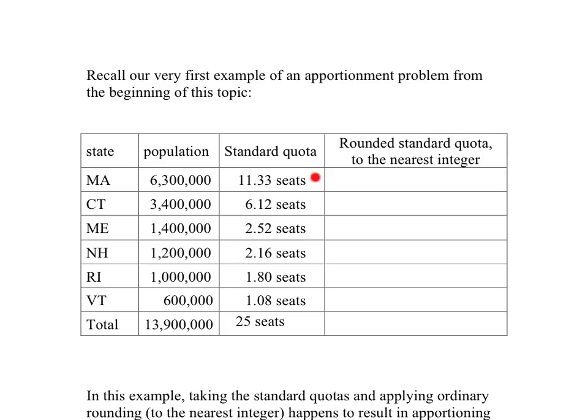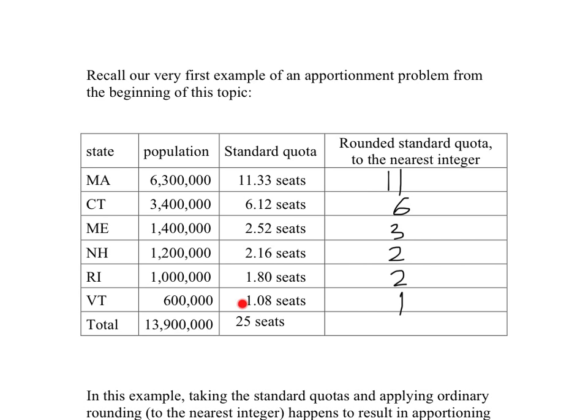Each standard quota rounded to the nearest integer. Great, so 11.33 seats rounds down to 11, 6.12 seats rounds down to 6, 2.52 rounds up to 3, 2.16 rounds down to 2, 1.8 rounds up to 2, and 1.08 rounds down to 1.